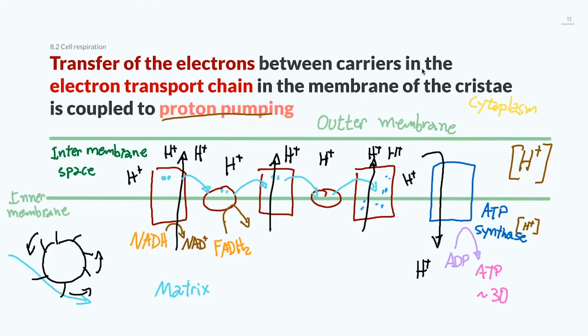We need a guy that we call terminal acceptor. The terminal acceptor is the guy who accepts the electrons after this last protein. At the end, terminal, at the end, it will accept electrons. And this is oxygen. So all these electrons here are going to come to the oxygen molecule that you need to breathe in.